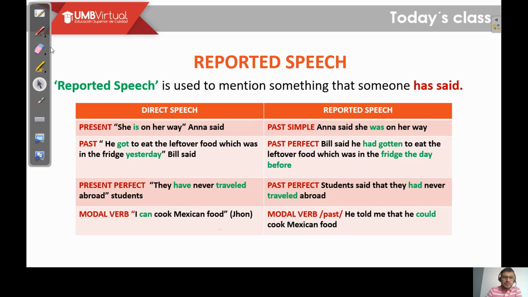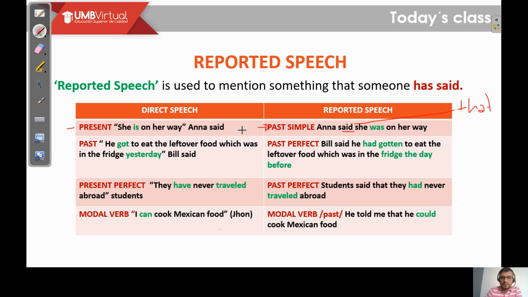Bien, si tenemos una oración en presente, yo la cambio a pasado simple. Importantísimo set that. ¿Listo? Aquí puede incluirse that. Ella dijo que tal cosa. Anna said that she was on her way.